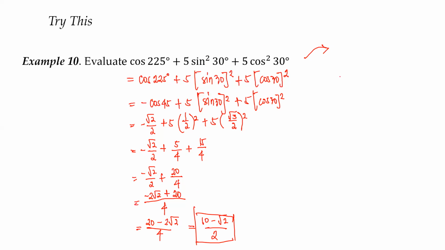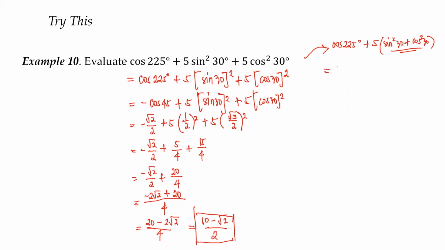If we observe, our problem can be rewritten as cosine 225 plus 5 sine squared 30 plus 5 cosine squared 30. They have a common factor, which is 5, so we can factor out 5. That is plus 5 times sine squared 30 plus cosine squared 30. And if you observe, this is a Pythagorean identity, and a Pythagorean identity is always equal to 1.